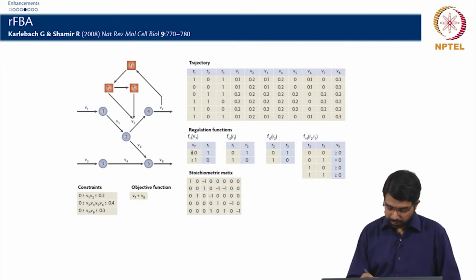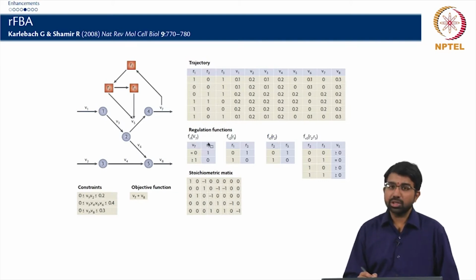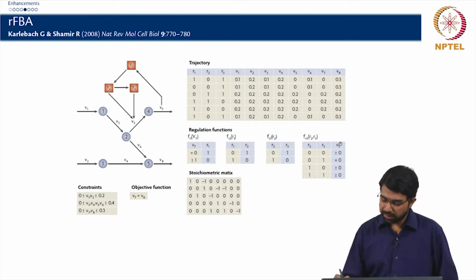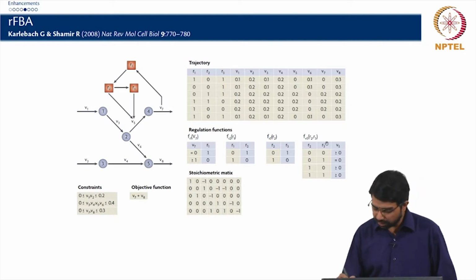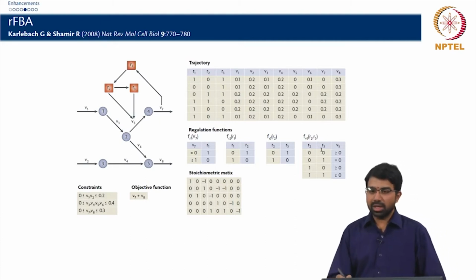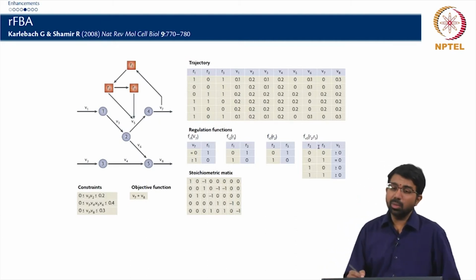This is your first regulatory function which expresses the state of R1 as a function of everything, and here it turns out to be dependent only on V7. Here it expresses V5 as a function of everything, but it turns out to be dependent only on R2 and R3. And how will the R1, R2, R3 levels affect the system?